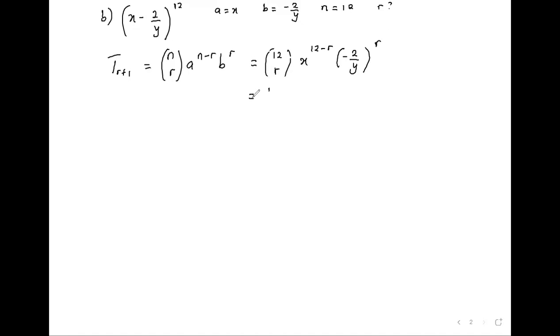That is 12Cr, minus 2 to the power r, y to the power minus r, x to the 12 minus r. So let me go back to the question again and see what it says.